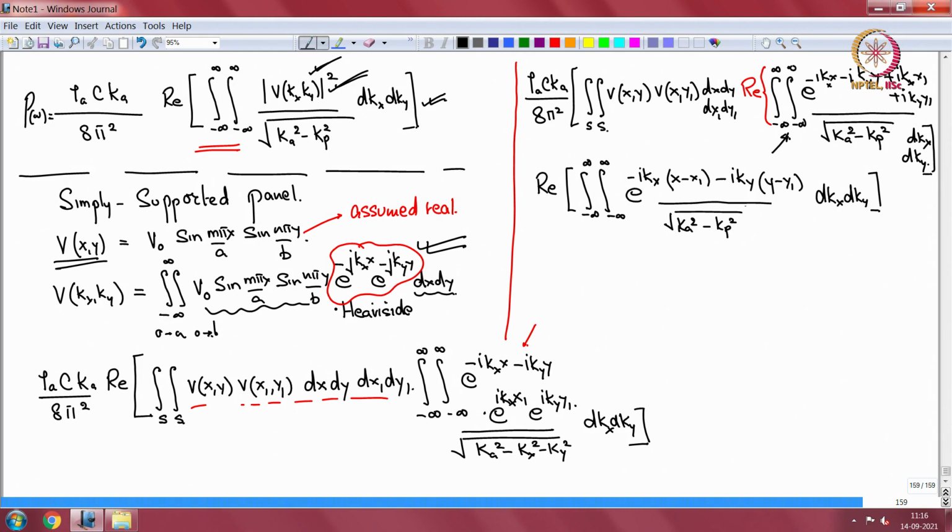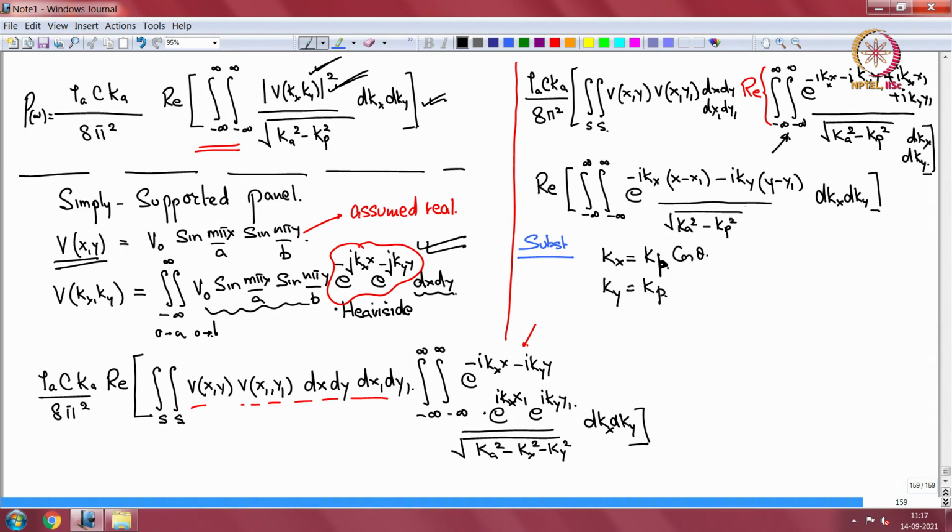Okay. So, here we make some substitutions. So, this is the substitution. kx is equal to kb cos theta, ky is equal to kp, sorry, please take it as the same, b for beam, p for plate, kp and kb are same, but I will correct it, kp.